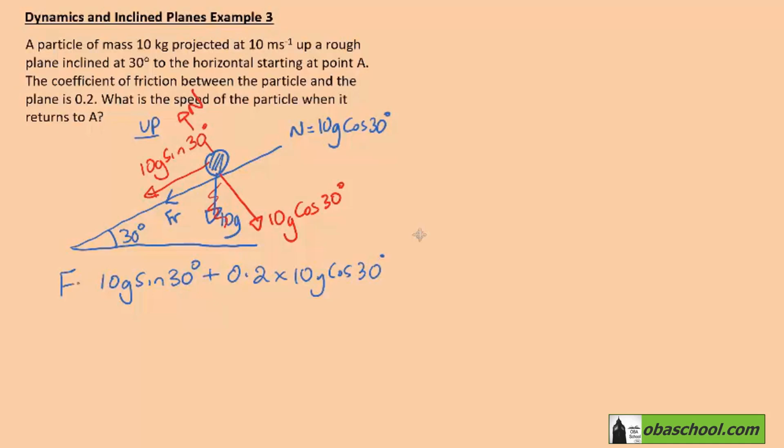That's going to be equal to the mass times the acceleration. So 10g sine 30 plus 0.2 times 10g cos 30 is equal to 10a. And obviously we could cancel the 10s there.